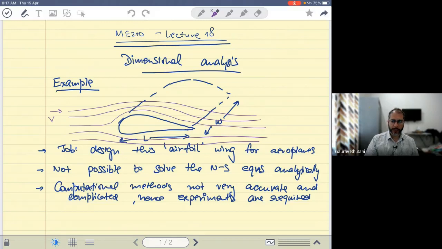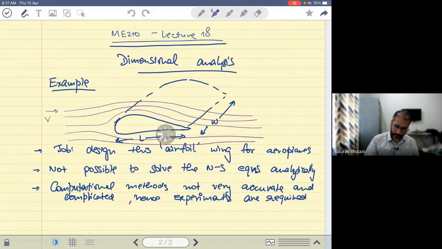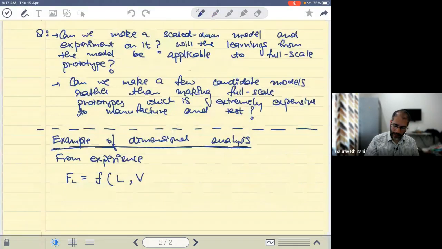Okay, so V is the stream speed. So it's a function of V as well. Then it's a function of the fluid density and fluid viscosity. So it's only these things on which the lift force depends.